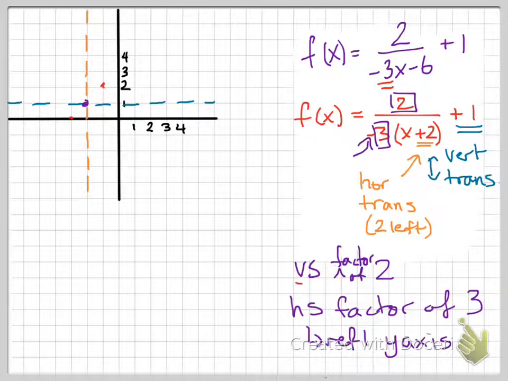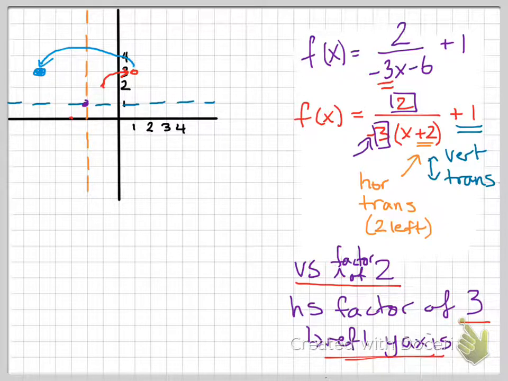But this vertical stretch multiplies that by 2 vertically and by 3 horizontally. So really this 1, 1 now becomes 3, 2 and goes here, except there's a reflection across the y-axis. So the next thing that happens is that it gets reflected that way. So there's our new point.